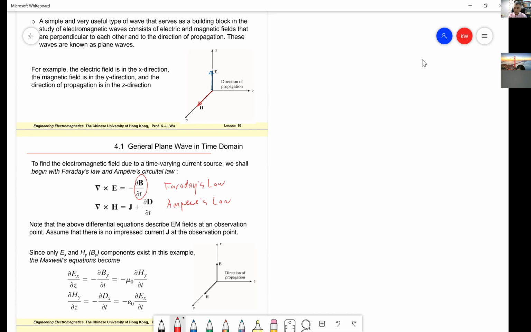The second equation, Ampere's law, tells you the magnetic field H is generated by two sources. One is the time varying electrical field. D is the electrical flux density, and when partial D, partial t is not equal to 0, this is the source.